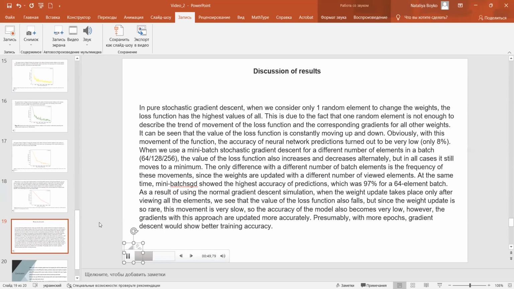When we use a MiniBatch, stochastic gradient descent for different number of elements in batch, 64, 128 or 256, the value of the loss function also increases and decreases alternately, but in all cases it still moves to a minimum.